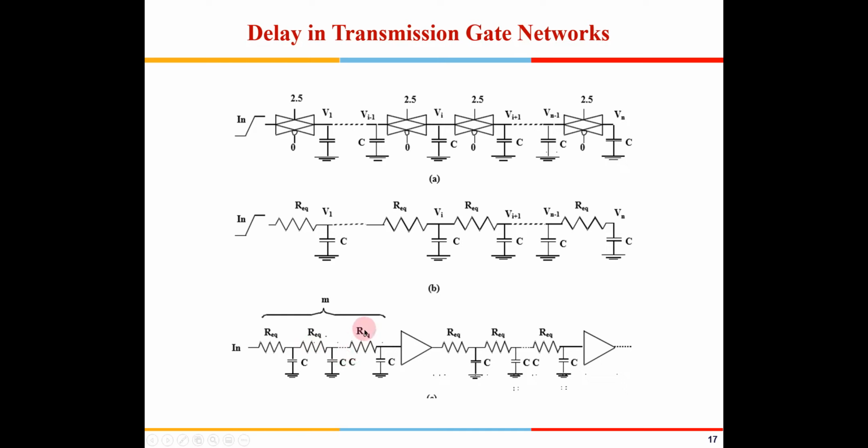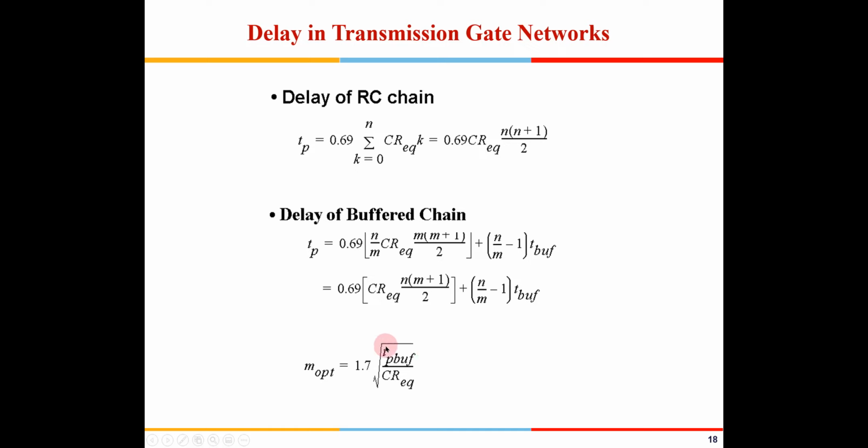So if you use a buffer out here, those voltages will be restored. So in this equation you will find that because of the buffer, the delay will be slightly better, and the m optimum will be given by this formula. If you differentiate it with respect to m, assuming m to be a variable, and equate it to 0, okay.